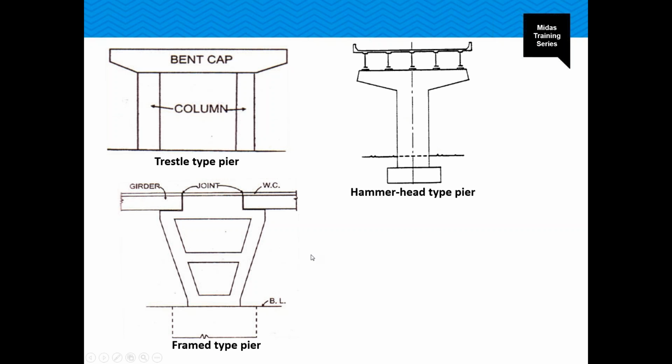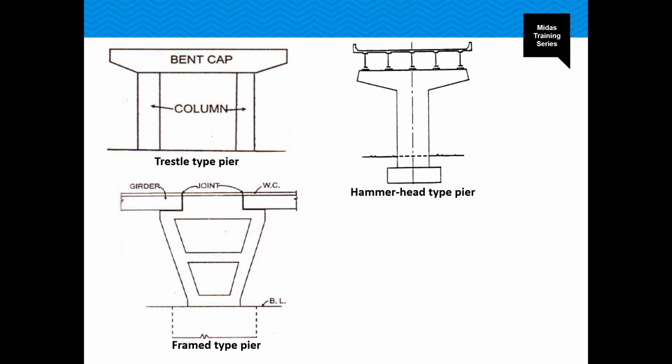Then coming to the frame type, they are aesthetically superior and rigid due to the monolithic joints between the vertical and inclined horizontal members. These types of piers ideally are suited for reducing the span length. What you're seeing over here is the longitudinal cross section of the pier.